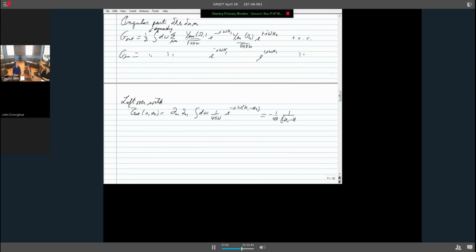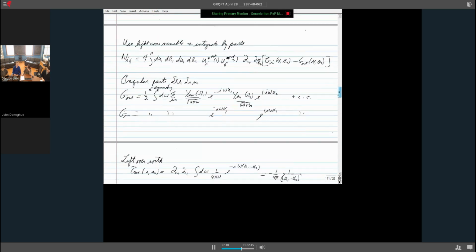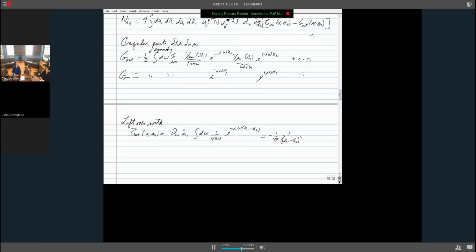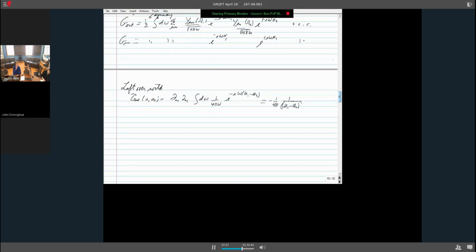And at this stage, we get the Kronecker deltas for the L and M pieces. So that actually contributes nothing at this stage. We're left over with, let me just do one of them.